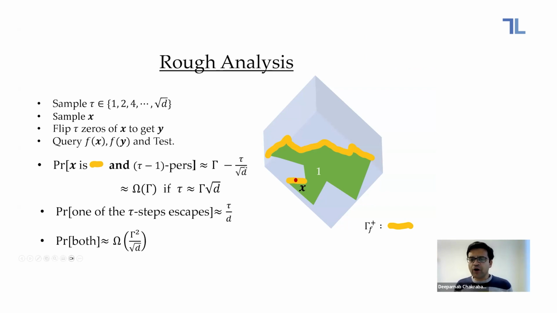In particular, I want tau by root D to be less than gamma by 2, and then I get that this is at least gamma by 2. So if the tau chosen by the algorithm was in this range, then this good event happens. The tau that satisfies this will be chosen with probability roughly 1 by log D because I'm going over all scales. And that's what I meant by this.